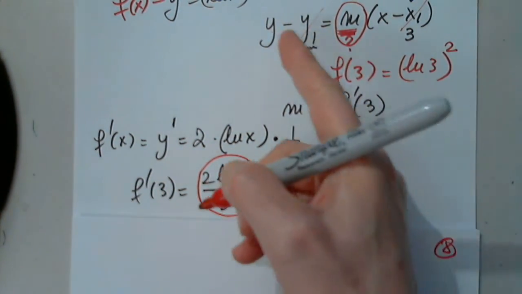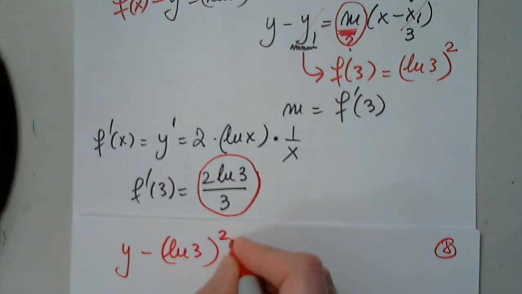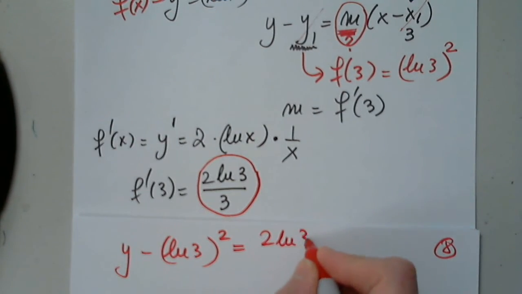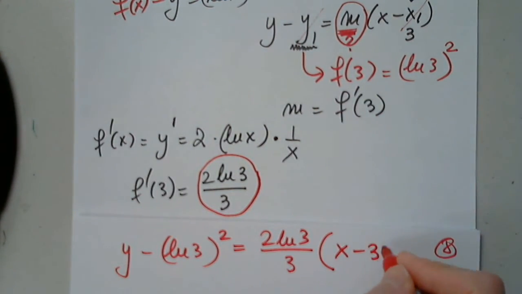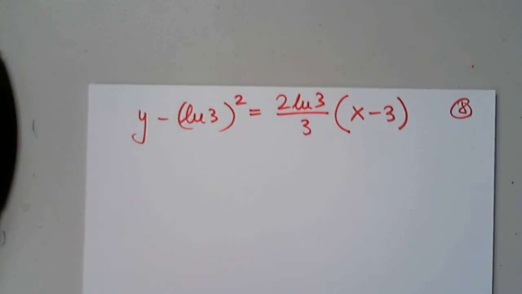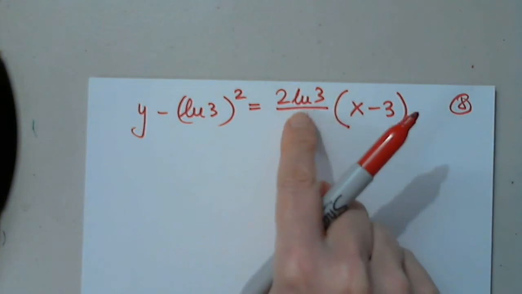So I have y minus natural log 3 squared equals this number, 2 natural log 3 over 3 times x minus 3. And no, I will not approximate these numbers. Absolutely not. So I will distribute here.